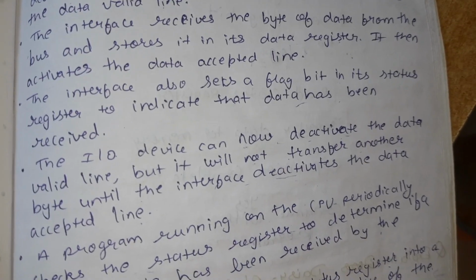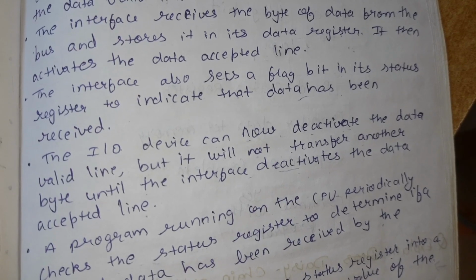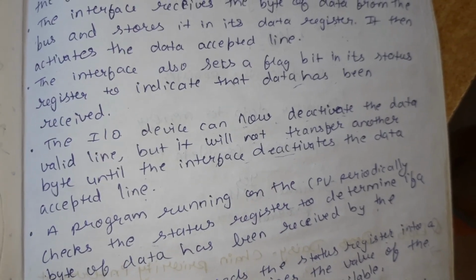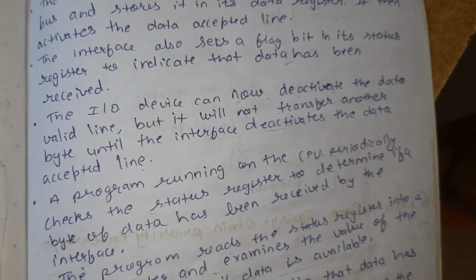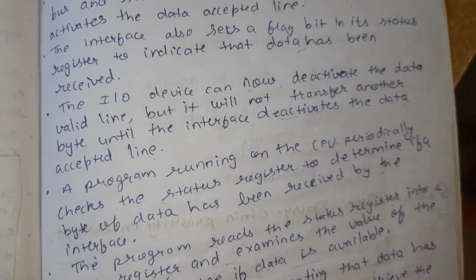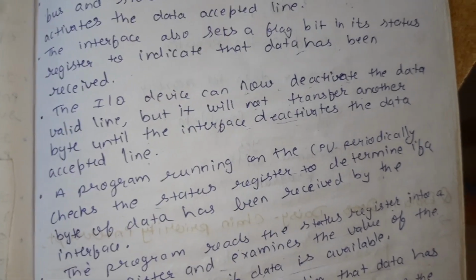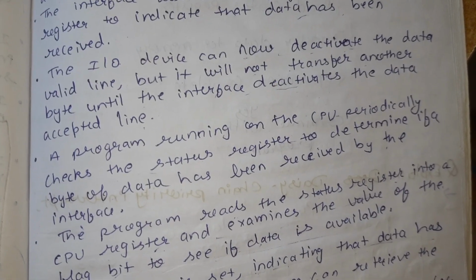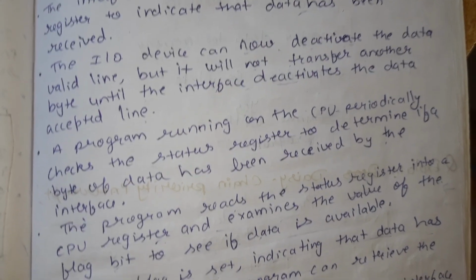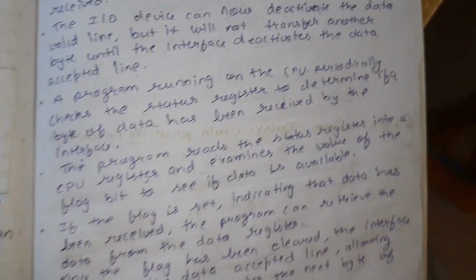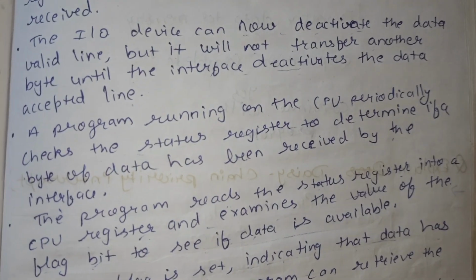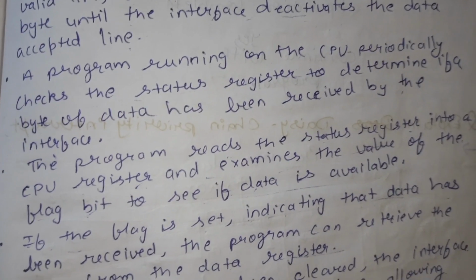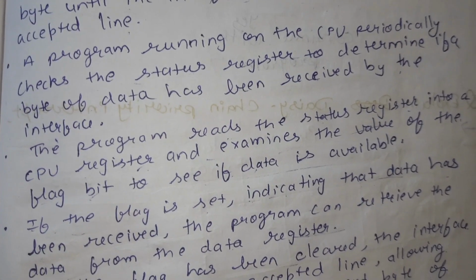The interface also sets the flag bit in its status register to indicate that data has been received. The input output device can now deactivate the data valid line, but it does not transfer another byte until the interface deactivates the data expected line. A program running on the CPU periodically checks the status register to determine if a byte of data has been received by the interface.